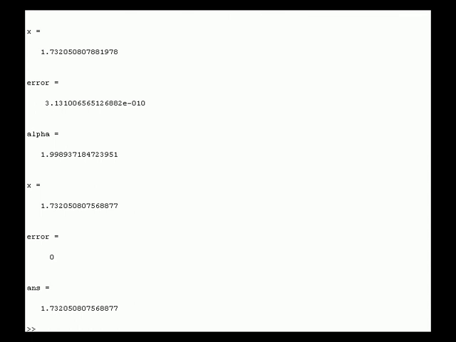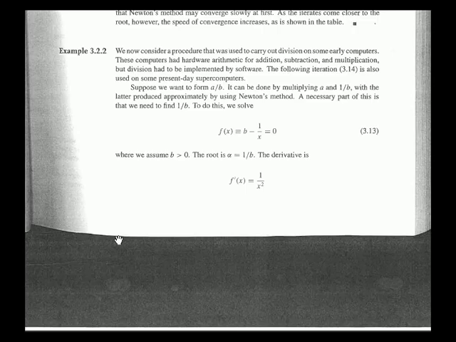Another interesting application. Now remember, computers can only add, subtract, multiply, and divide, but when you use Newton's method to solve x squared minus a equals 0, you're not doing anything except add, subtract, multiply, and divide. So it wouldn't do any good if you have to calculate the square root of x in calculating the square root of a.